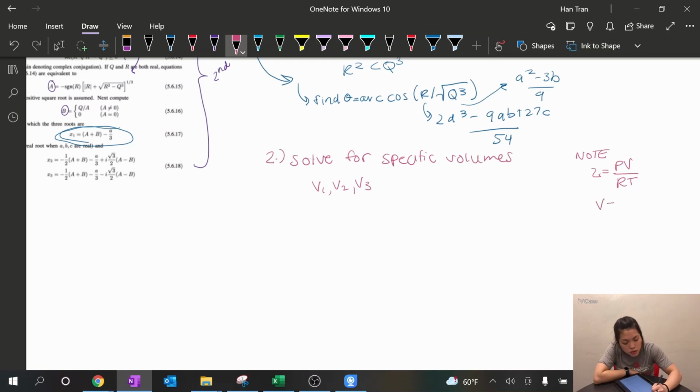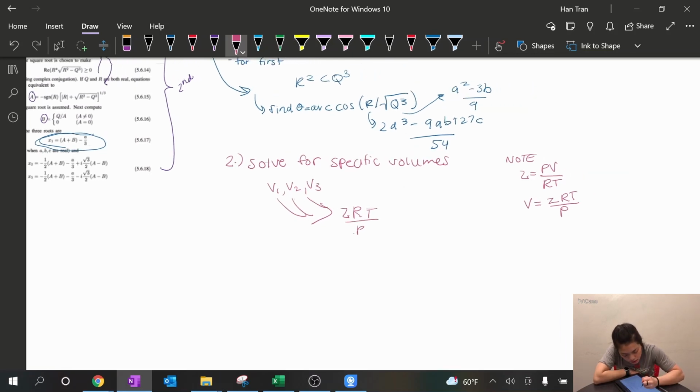So specific volume equals the compressibility factor times the gas constant R times temperature, divided by pressure. To solve for each of these, we do the compressibility factor times R times temperature divided by pressure.